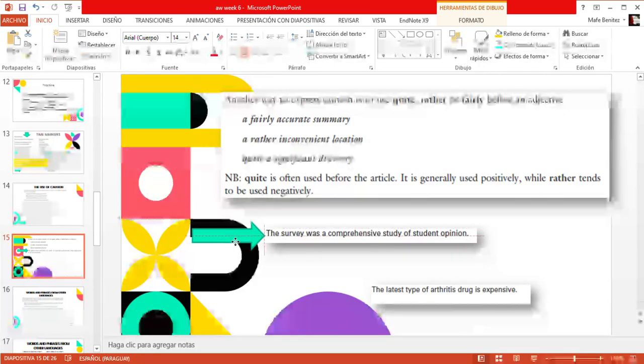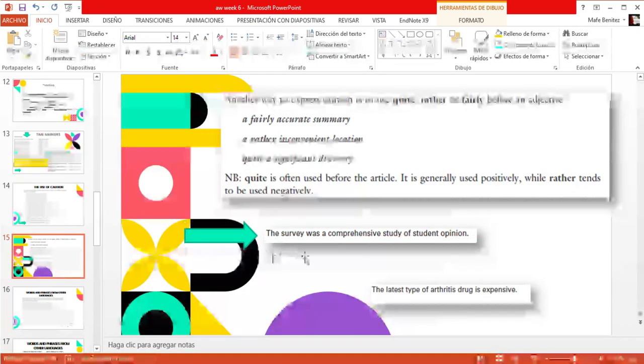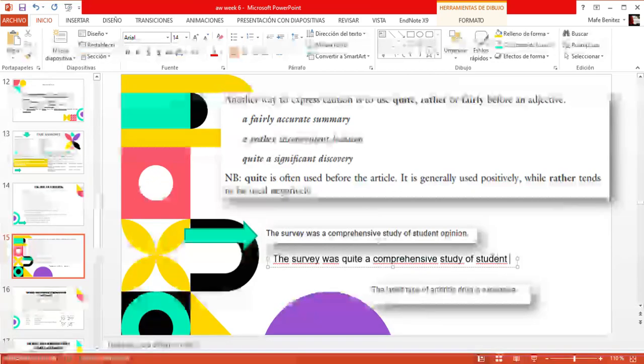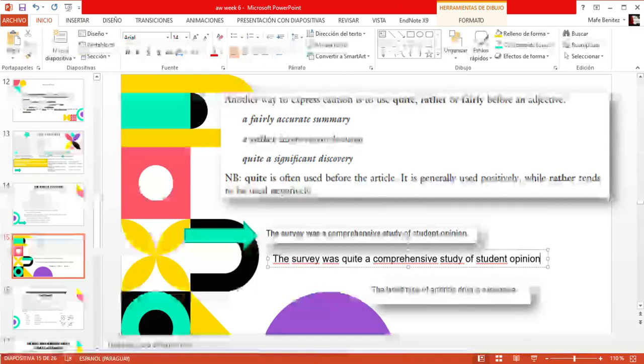The survey was a comprehensive study of student opinion. We can say that the survey was quite a comprehensive study of student opinion, because there might be some problems and some gaps, some areas that weren't covered, but we cannot possibly know that.